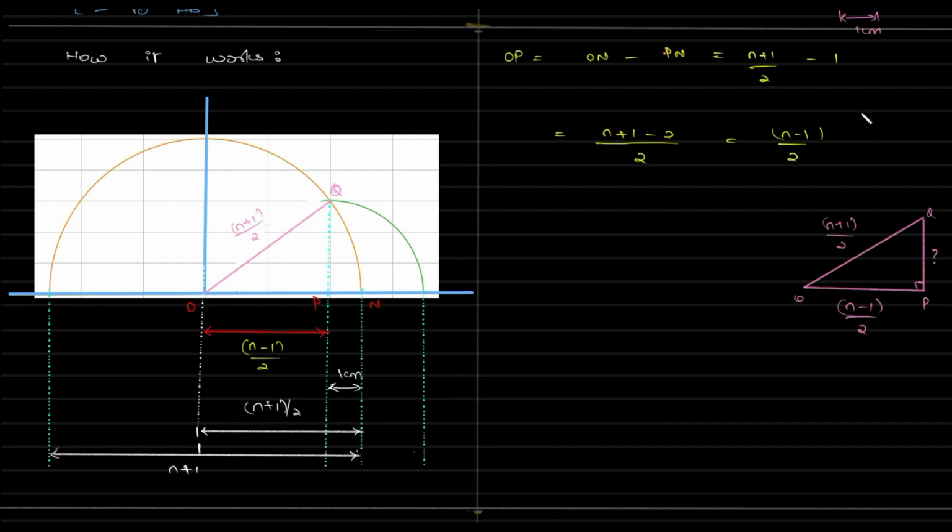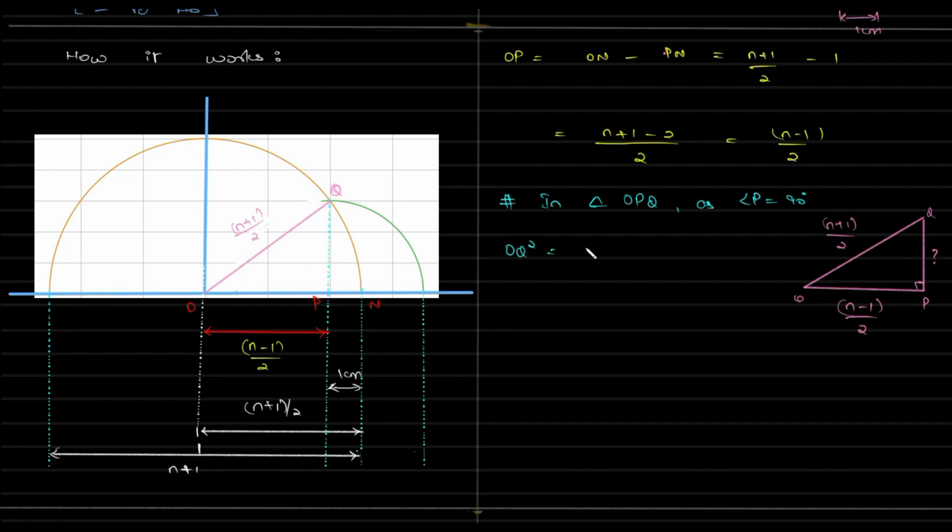And we have to find this length. As per what I have told us, this is root of n. But we are trying to prove that. So in triangle OPQ, angle P is equal to 90 degrees.